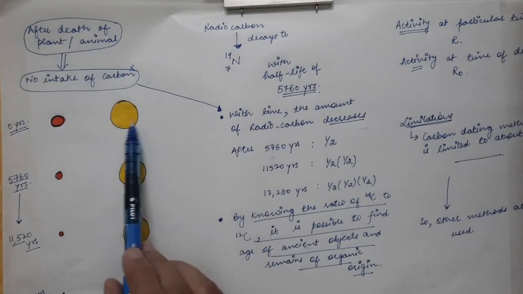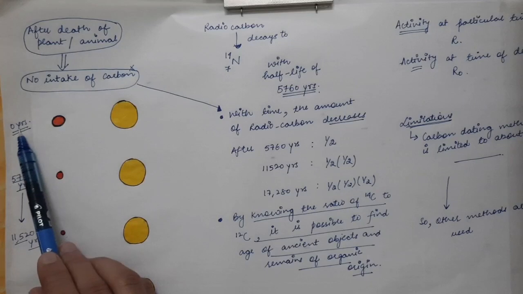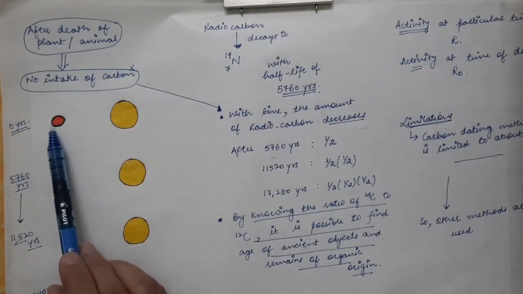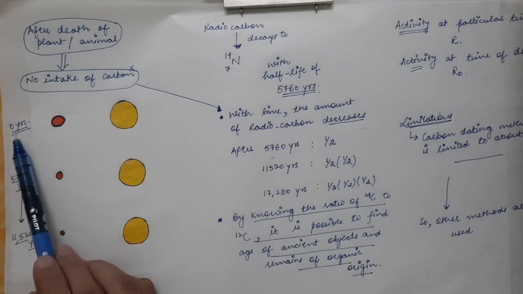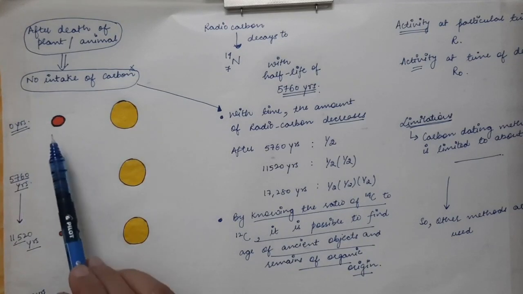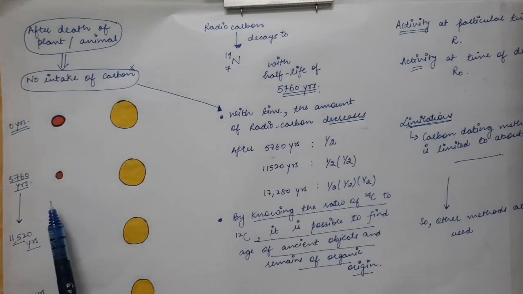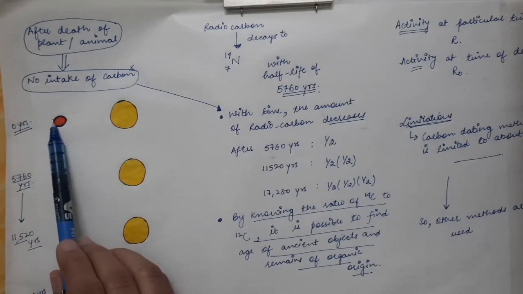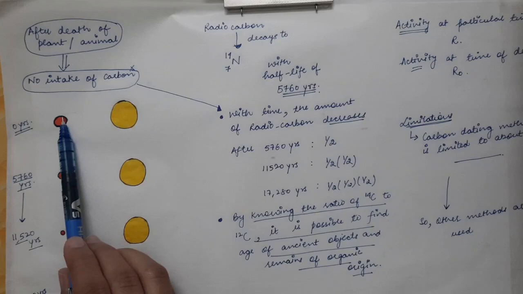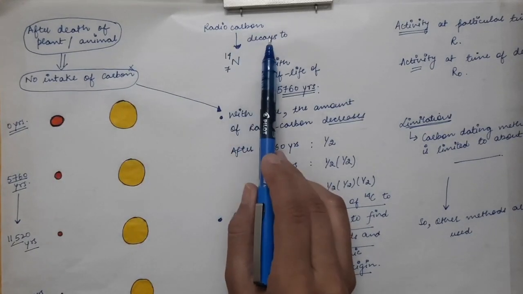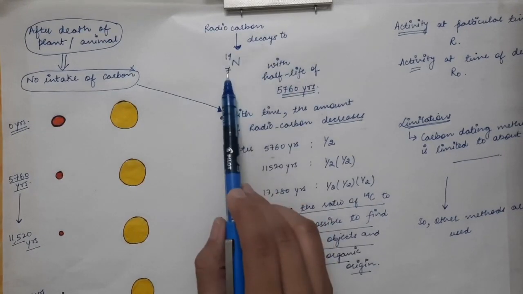So this is the condition when the plant or animal has just died. So we have referred to this as 0 years. Now as soon as the time passes, as soon as the time elapses, this radioactive carbon, which is radioactive in nature, decays to nitrogen 14.